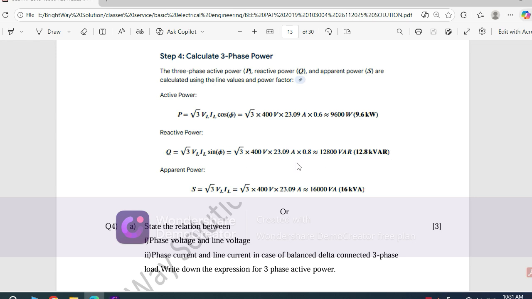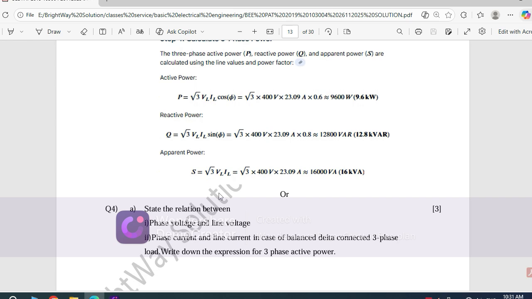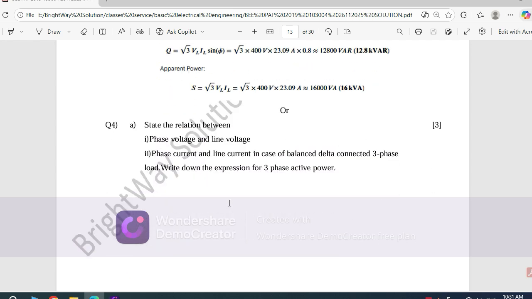You get 12,800 watt. Next, apparent power, S is equal to root 3 VL into IL. You get 16,000 volt ampere, 16 kVA. Very simple questions.